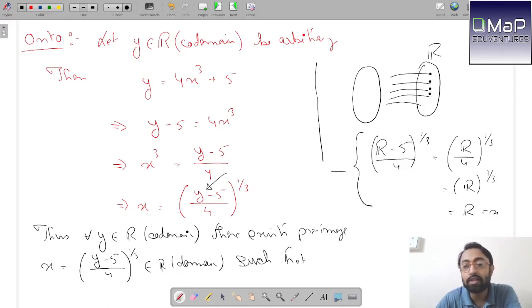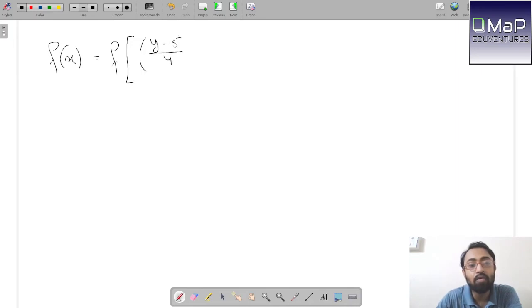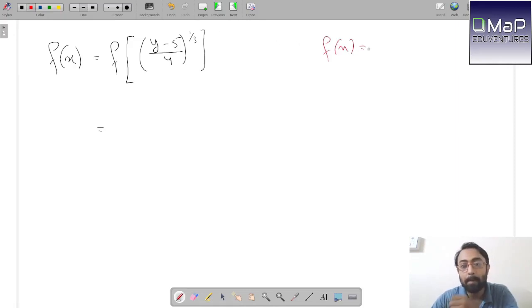Now we have to show this part. To show it, we have to use this f of x equals, now put the expression of x, that is y minus 5 by 4 whole to the power 1 by 3. Now go to the function given. The function given is f of x equals 4x cubed plus 5.